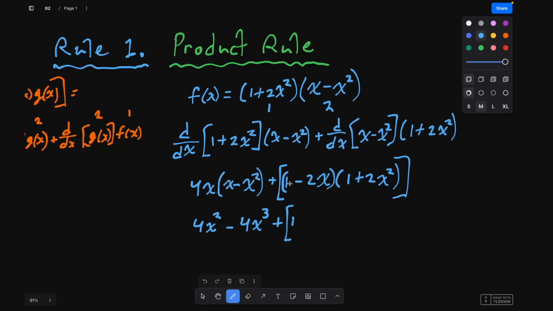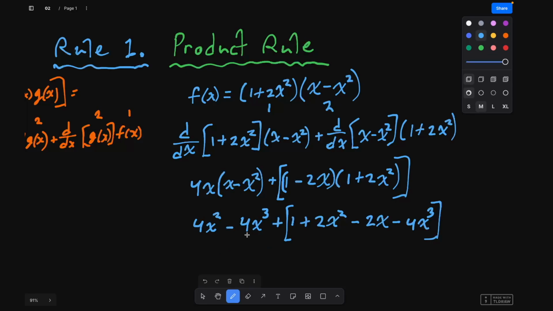Again, this whole thing is being added. So 1, and then we have 1 times 2x squared, so plus 2x squared. And then negative 2x times 1, so negative 2x. And then negative 2x times 2x squared, so negative 4, and we have x cubed.